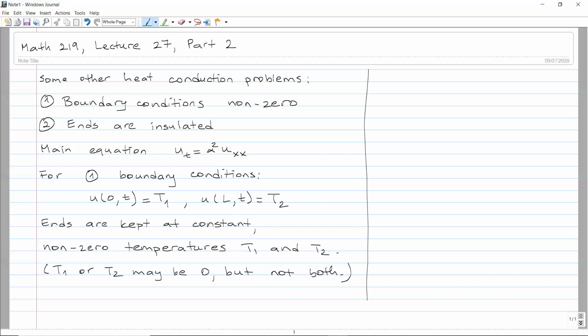That limit we call the steady state heat distribution. So the limit as t goes to infinity of u(x,t) is going to be a function of x only, because we are taking the limit as t goes to infinity. It is called the steady state temperature distribution.